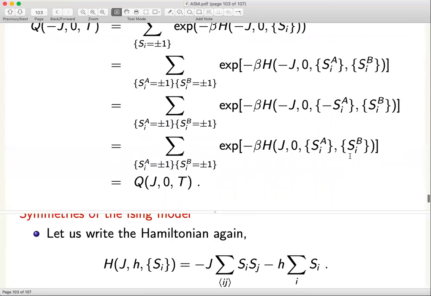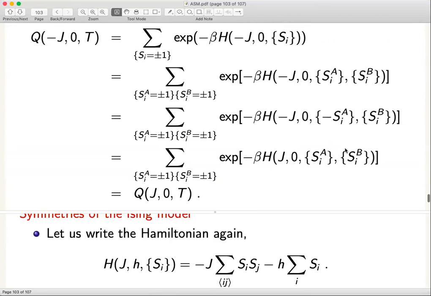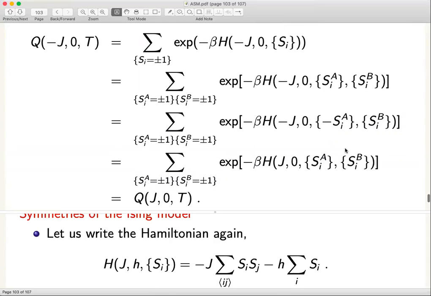Why is it odd? Because the behavior is changing. Initially two spins would like to align together in the same direction, and now they want to align in the opposite direction.